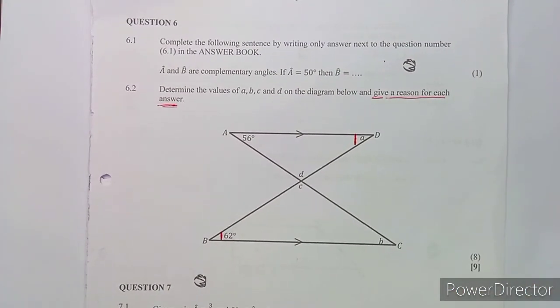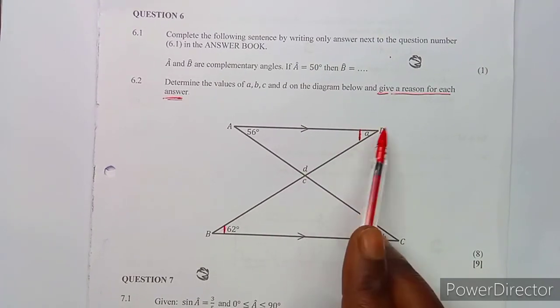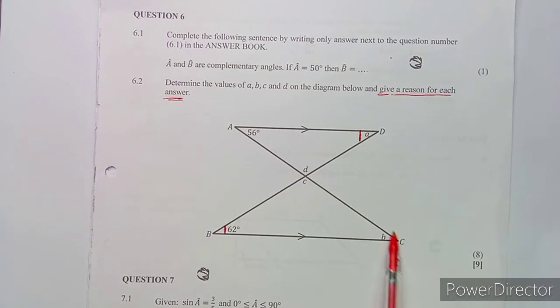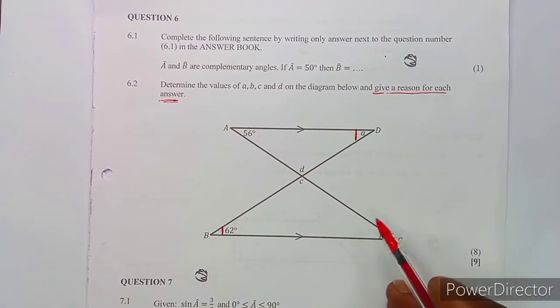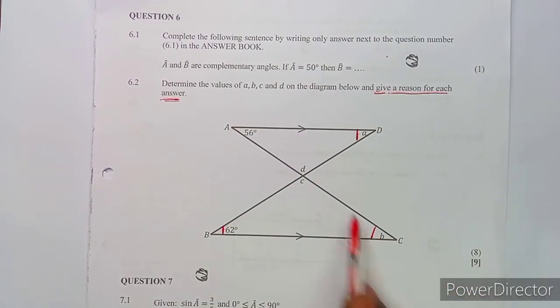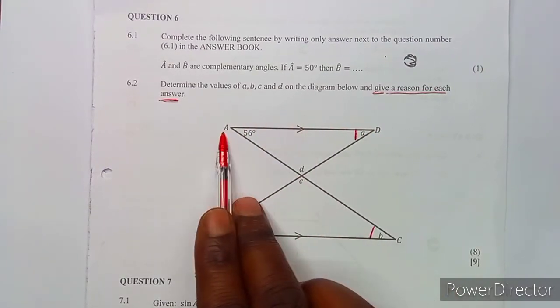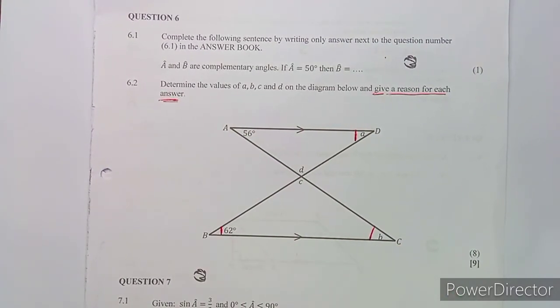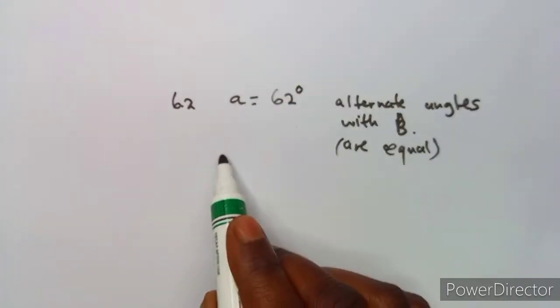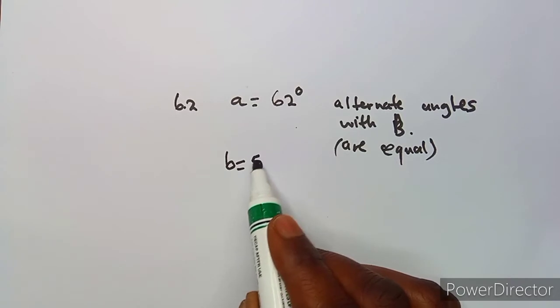Then we move on to B. How can we find B? B is the same thing again. If you are to cross check here, there's a Z again that is created here between angle A and angle C. So B is equal to 56 degrees.